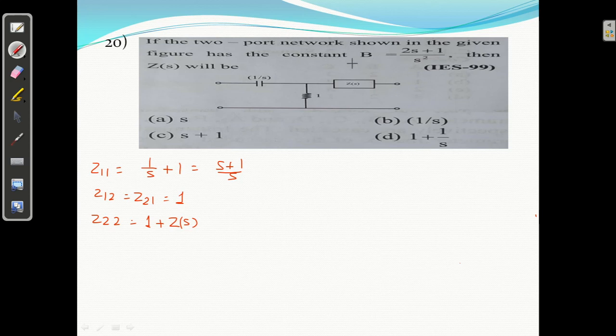So B is given, B meaning the transmission parameter is given. So can we use the last problem directly, rather than writing the equations? The equation came in the previous problem. Since from example number 19, the previous problem, you can see Z21 equal to 1 by C.